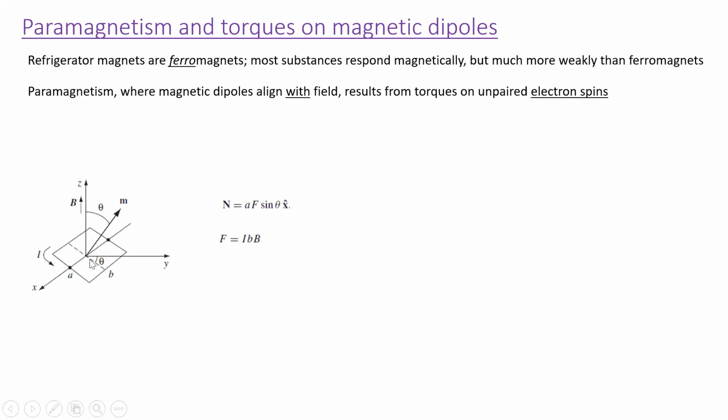The torque, remember, is given by the lever arm times the force. The lever arm here would be a times the sine of theta for this applied force. A right here times the sine of theta is this distance right here. That's the lever arm.